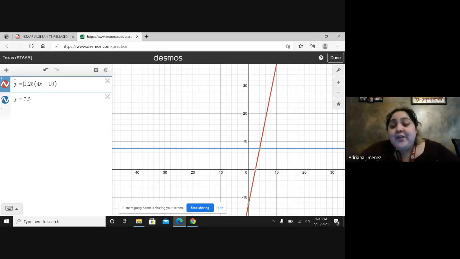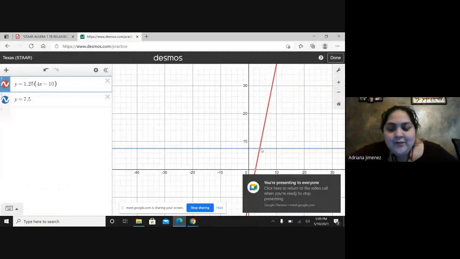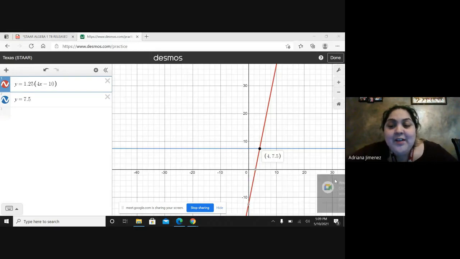You have a point of intersection, which is a system. You're just going to click on where the two intersect. I think this froze again. Sorry. There it goes. I want the x because that's what the problem is asking for. So my answer is 4.